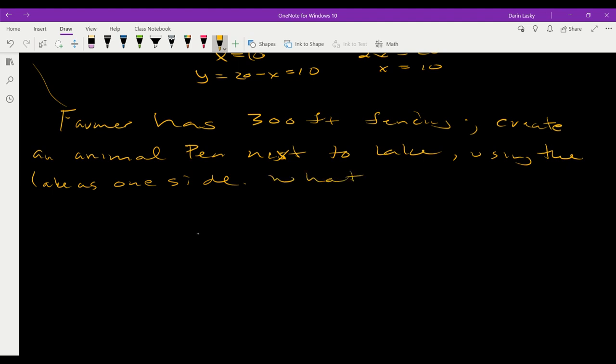What is the maximum area and sides he can use?